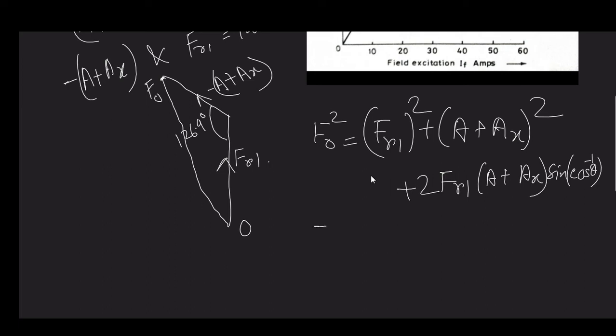If you do this simplification, you will get F naught coming to around 45.8 ampere. This one is 21, these two together is 30. So if you put the values, you will get 45.8 ampere.